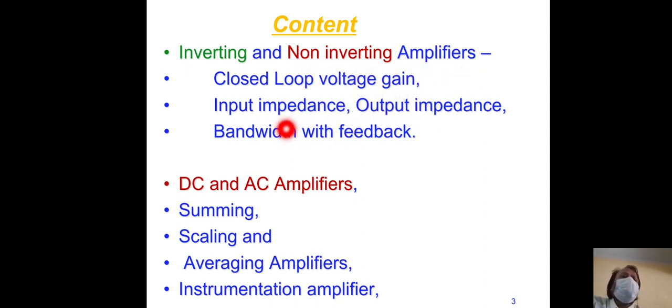In the analysis of the inverting and non-inverting amplifiers, you have to calculate the closed loop voltage gain, the input impedance of the amplifier, the output impedance of the amplifier, and the bandwidth of the feedback amplifiers. These are the analyses carried out: closed loop voltage gain, input impedance, output impedance, and bandwidth with feedback.